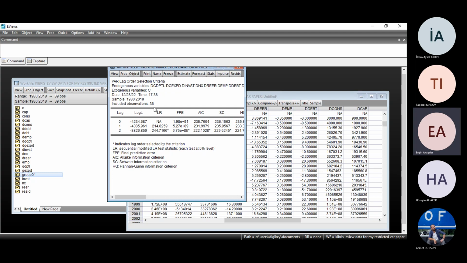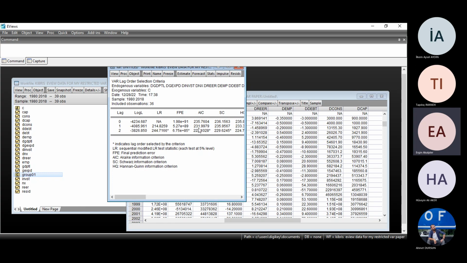Then I will employ the model because the smallest values are given here, as you see, for the AIC and Schwarz criteria, which are becoming smaller. It is 35 for 0, 31 for 1, and 22 for 2, and for the Schwarz criteria, 236, 235, and 229.